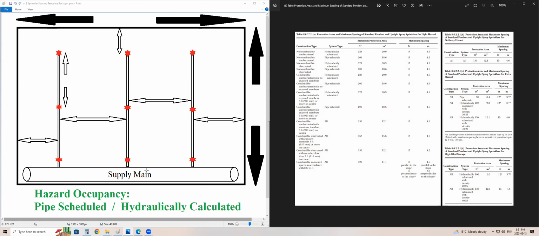So they might say, I'm going to go drastic here: I only need a 2-inch supply main and 1.25-inch branch lines, because my incoming water supply is 150 psi.